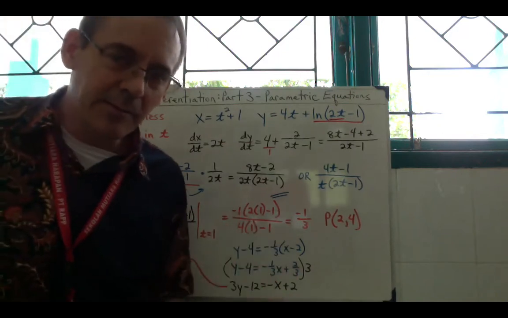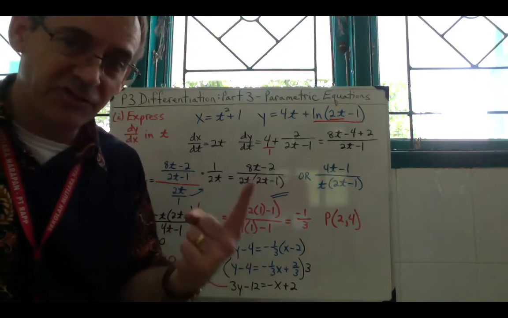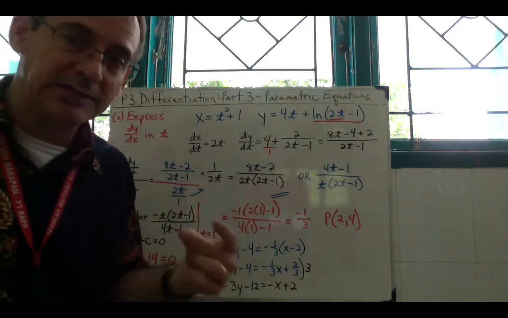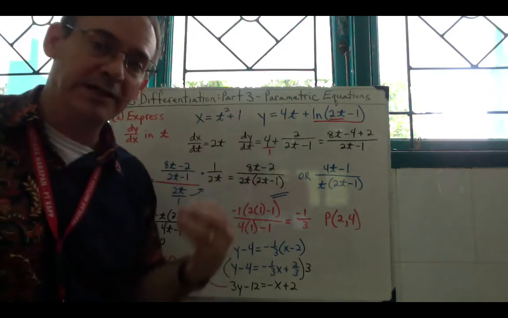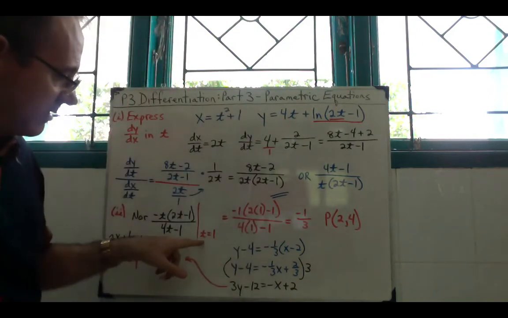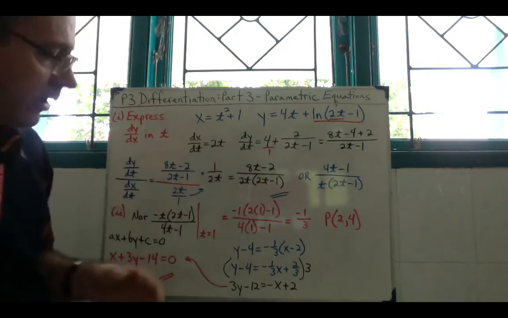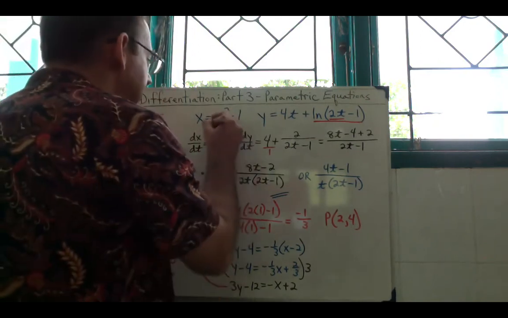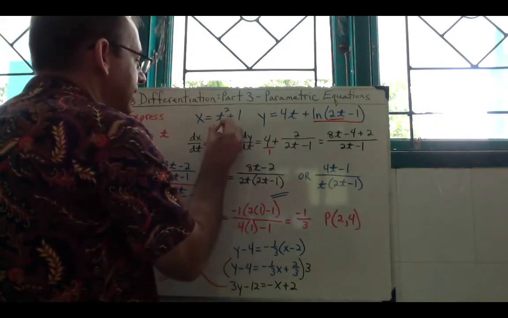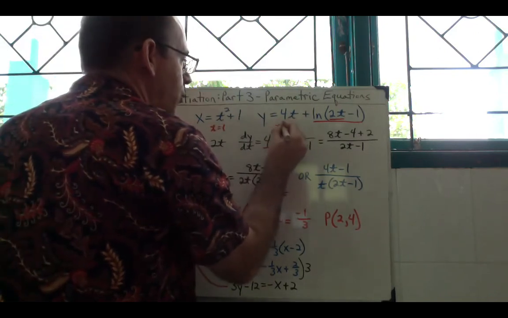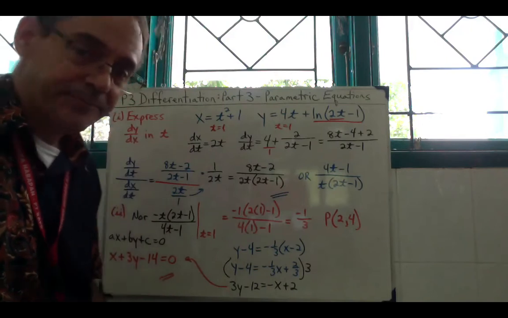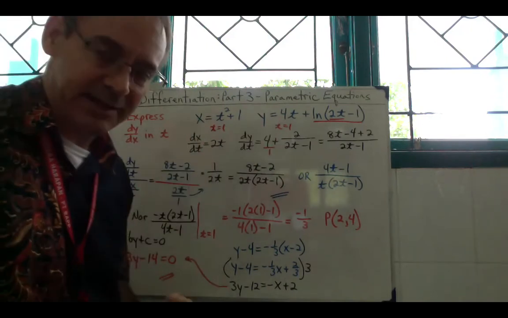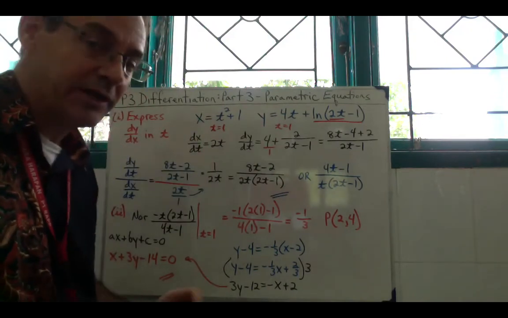And in order to come up with an equation of a line, you need slope and you also need a point on the line. Well, your x and y coordinates are your point on the line. So we take that t equals 1 and we also plug it in here for our x and for our y to find out the point that this normal is going through.